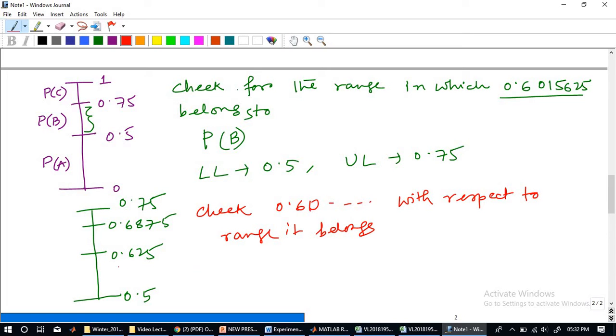Okay. Now which range does it belong to? This is my PA, this is my PB, this is my PC. Again you can check that it belongs to some range over here. So in the same manner you go on checking: B, A, we are done, C and then A.